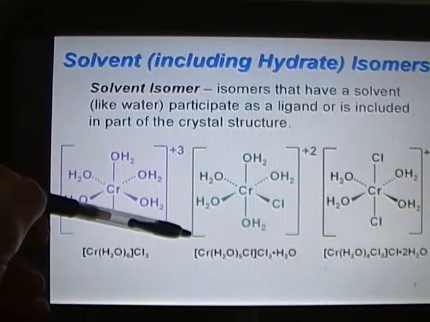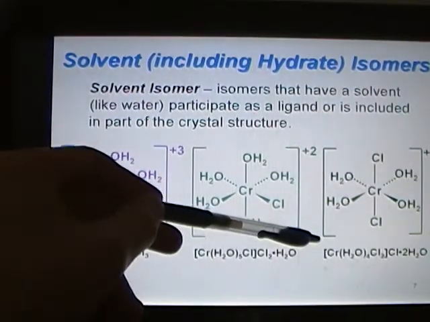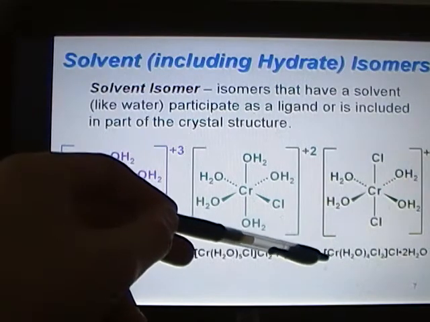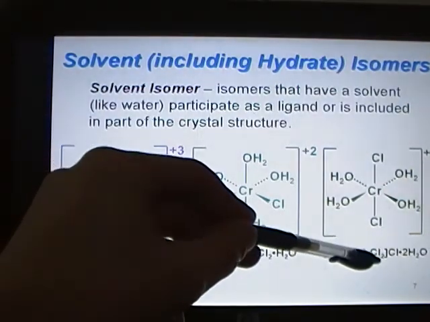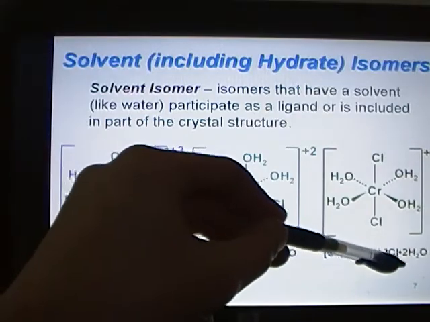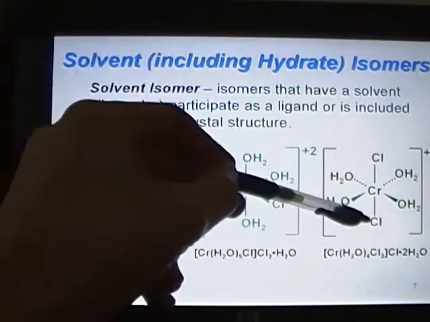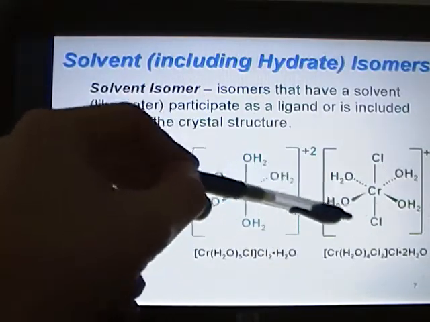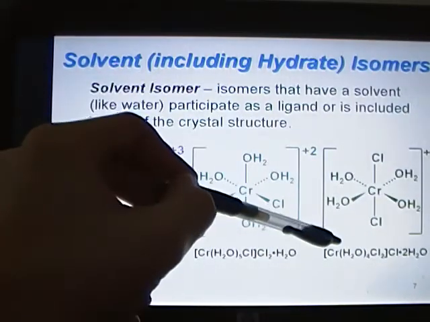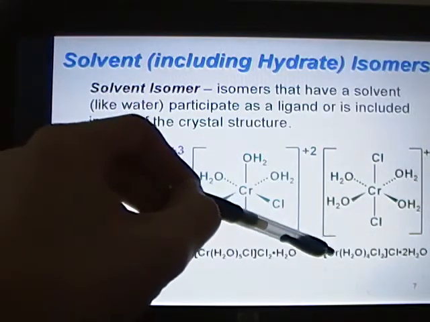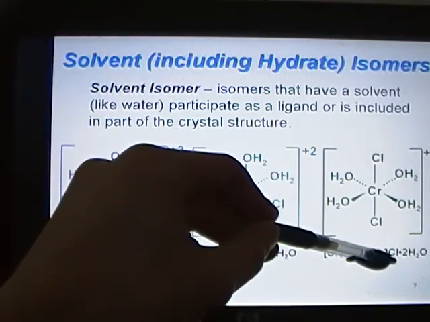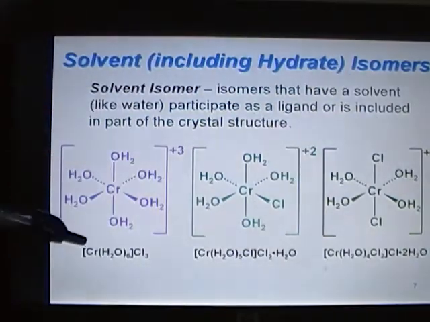This compound appears light blue when you look at it. The third isomer is [Cr(H2O)4Cl2]Cl·2H2O, that's the complex ion. There's 2 chloroligands bonded to Cr, 4 aqua ligands bonded to Cr, and then the other chloride satisfies the primary valence, and the 2 waters are outside as well.